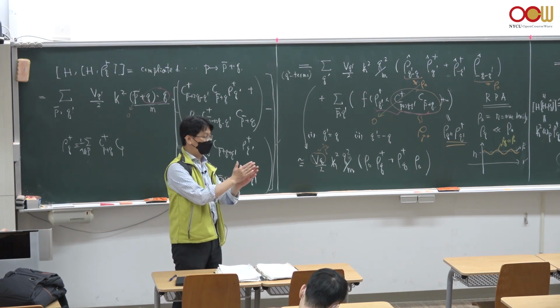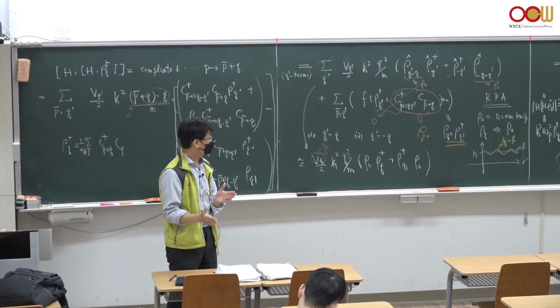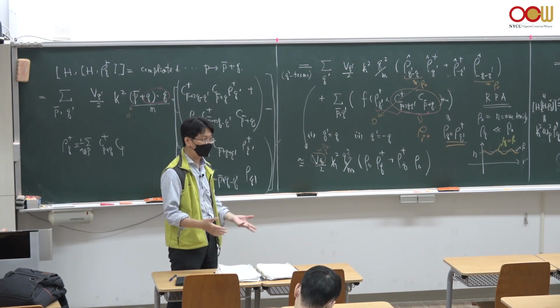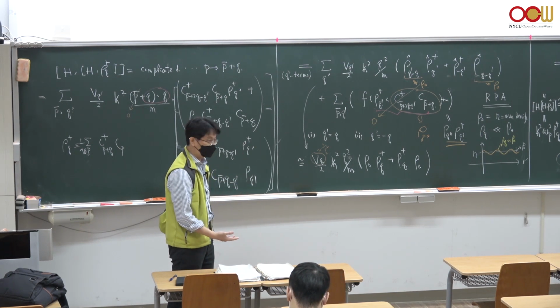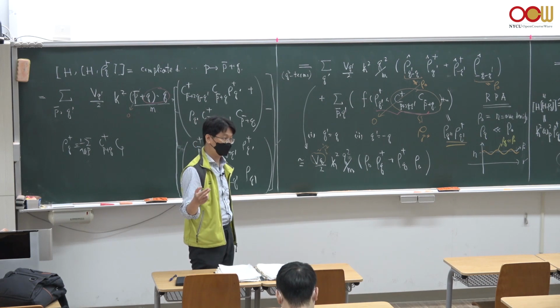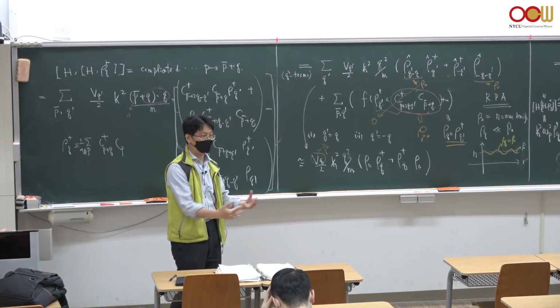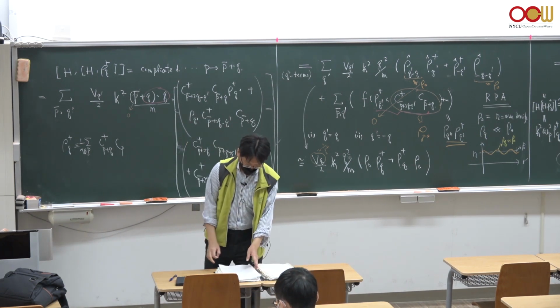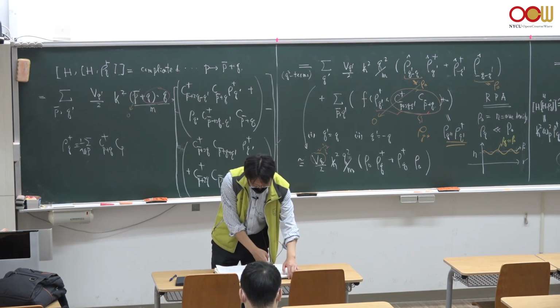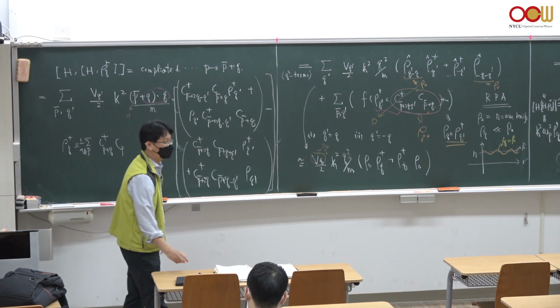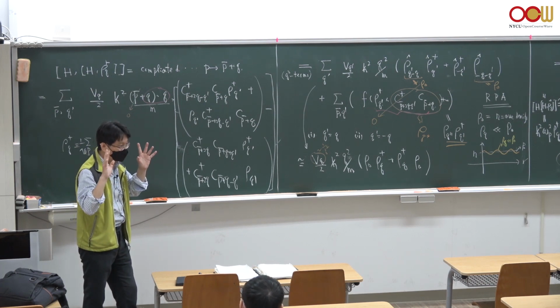Remember, we have this small momentum transfer physics, which is the plasma oscillation. We also have a large momentum transfer physics, which is a single electron-hole pair excitation. So we will link these two phenomena together in the next lecture. So have fun and try to understand this physics in terms of the many-body quantum phenomena.